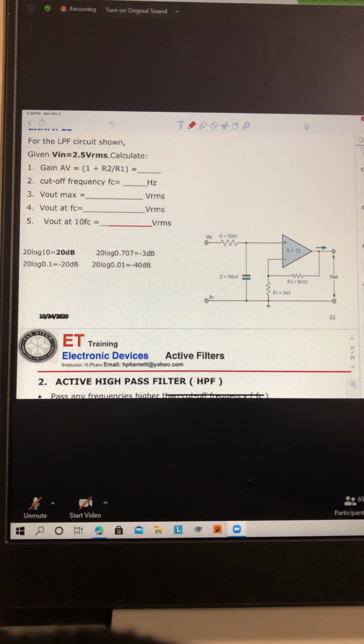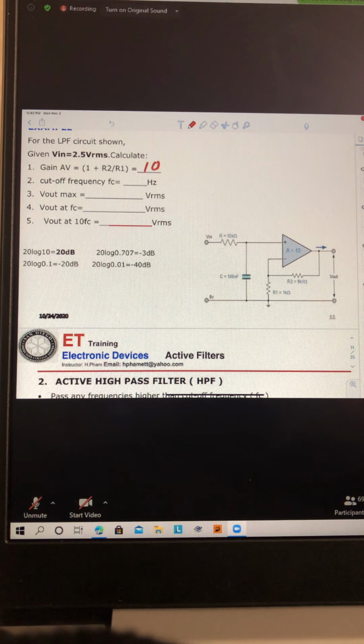And the gain of the non-inverting will be 1 plus R2 over R1. So what does AV equal? 10, right? Yes, last time, I believe we already did.